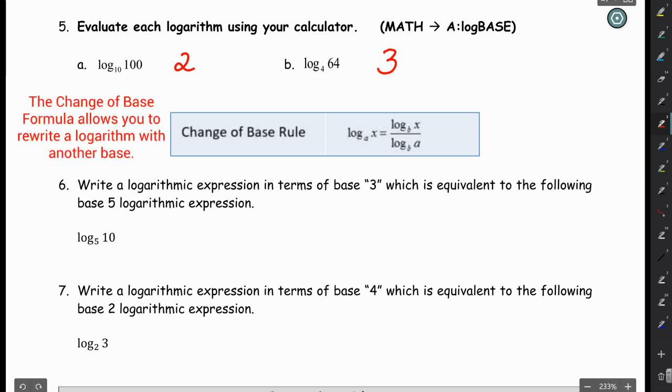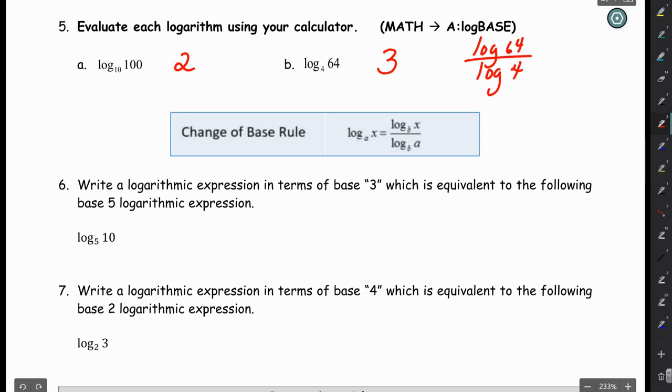We've got log base a of x. We could put log of any base in the numerator of x, and then log of the same base in the numerator of a. So, for example, for letter B on number 5, to use change of base, we would have said log of 64 over log of 4. Let's try that.